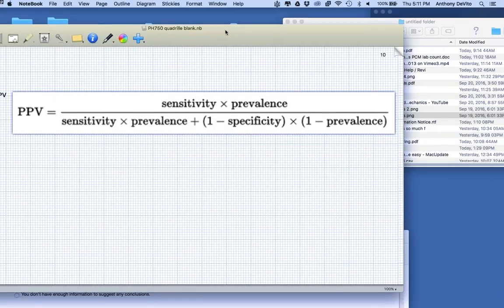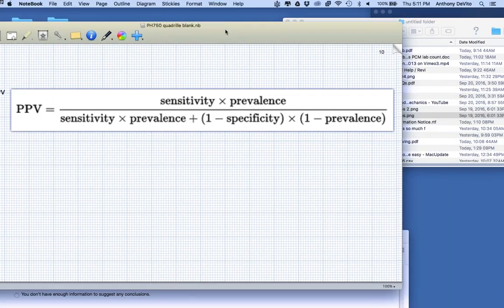Okay, so this is going to be my formula for conditional probability. And what do I have here? On the top, positive predictive value is the probability that you have the disease. Well, what's the probability you have the disease? It's the sensitivity times the prevalence, right?